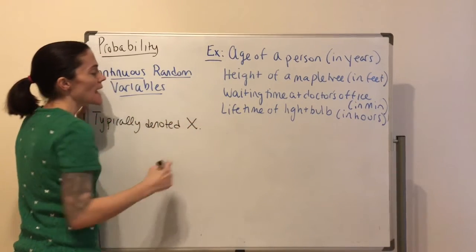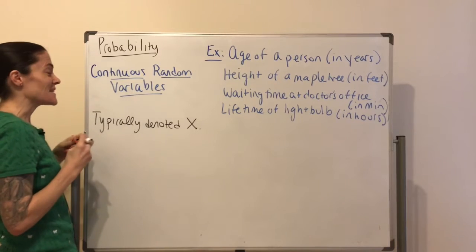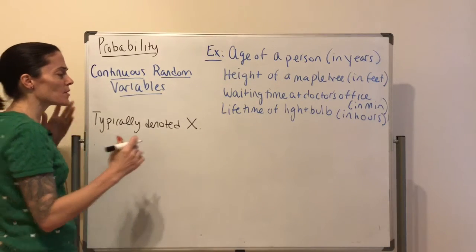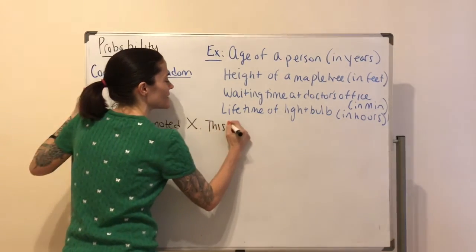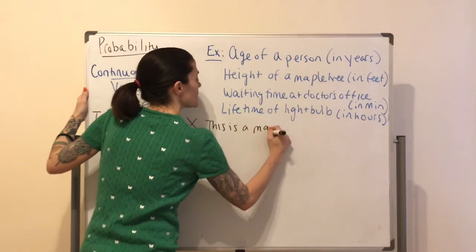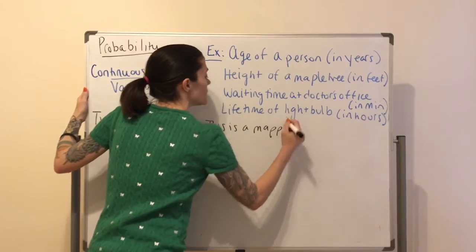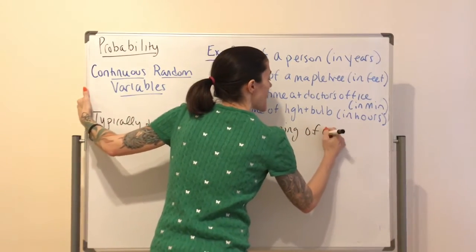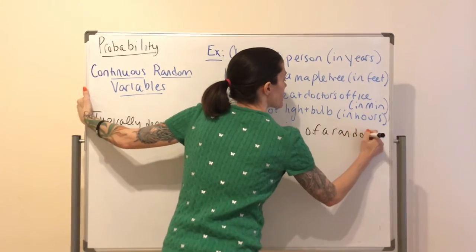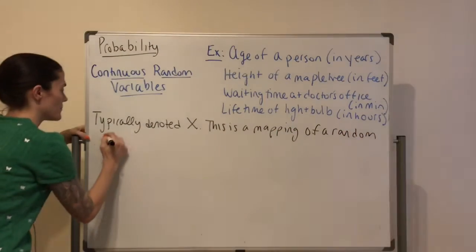capital X. And you can think of a continuous random variable as just a mapping of a random process to an outcome.